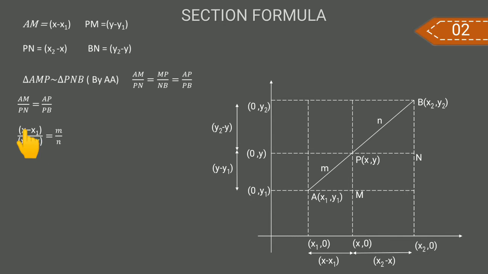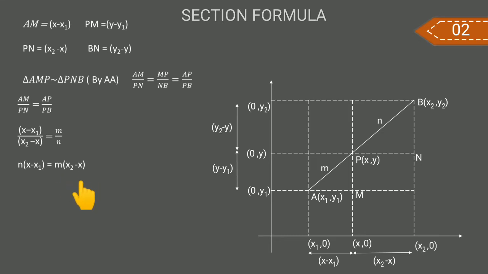Now we put all the values into the equation and cross multiply: n with x minus x1 and m with x2 minus x. So nx minus nx1 is equal to mx2 minus mx.